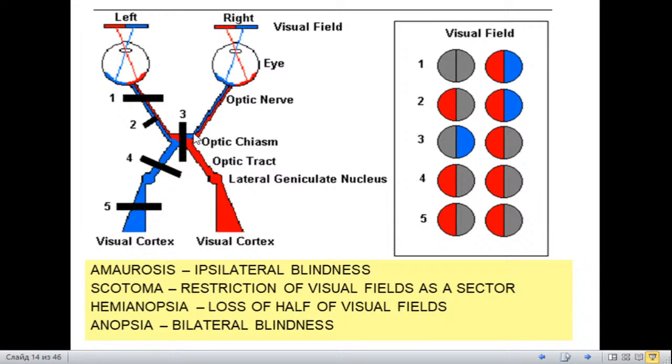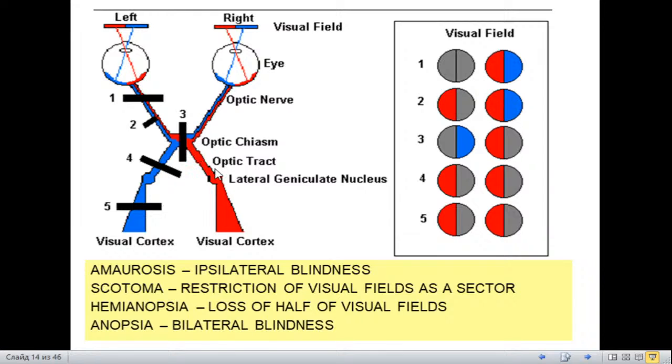And be attentive that only medial fibers decussate, lateral fibers do not decussate and follow from one side. After that, optic chiasma is followed by optic tract, and as you can see, the optic tract has two types of fibers, lateral ones from one side and medial ones from the opposite side.